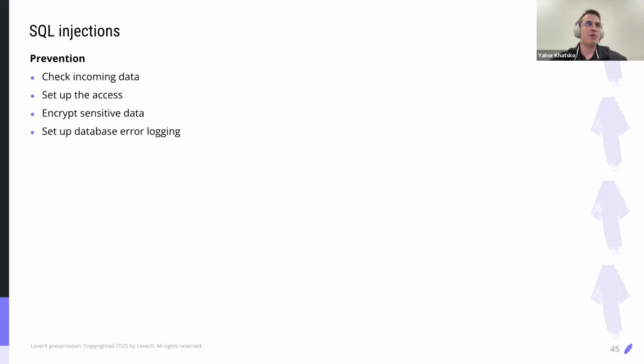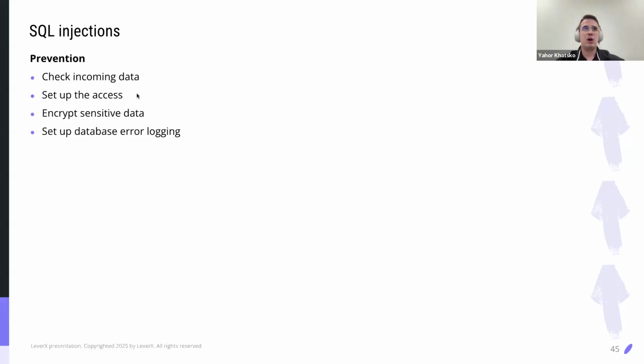The second way we could prevent that is to set up access, because we've talked about a pretty general case where you just modify the select to another select. But the attacker could modify the select to an update. He provides a query where the first part is the end of the select statement, and the second part is, let's say, drop database.